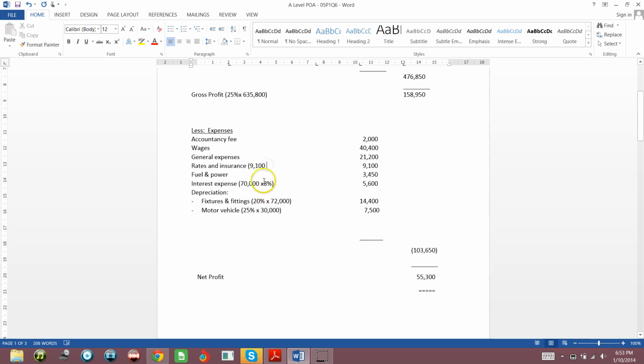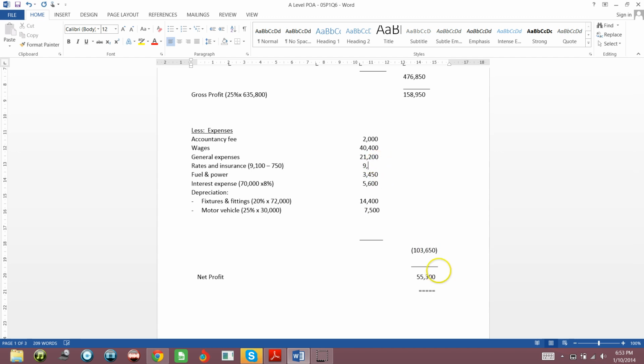So that means out of this 9,100 that was paid, 750 was paid in respect of next year's insurance. So 750 is not this year's expense, even though they paid 9,100, but 750 was paid in respect of next year's insurance. So that's why I got the difference of 750. It was easier to trace that way.